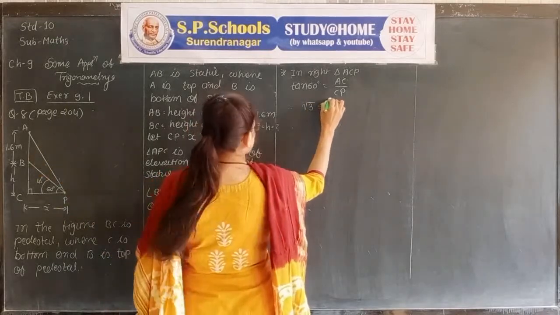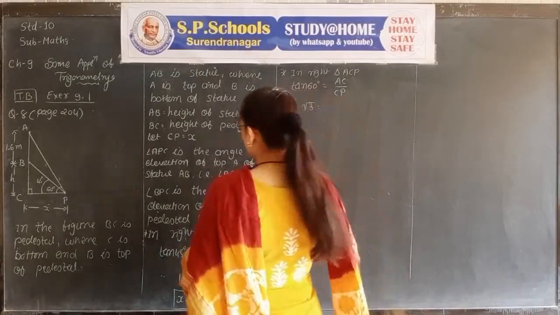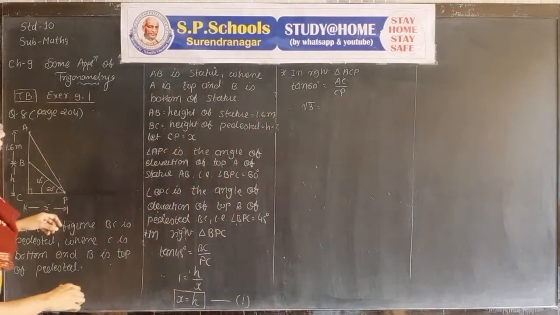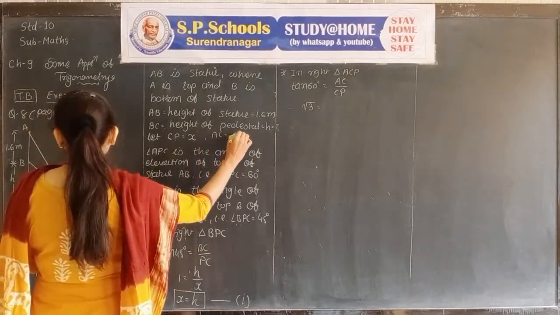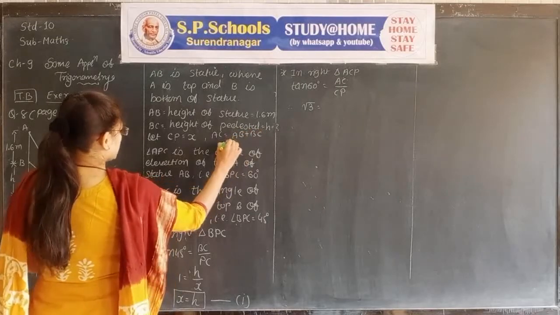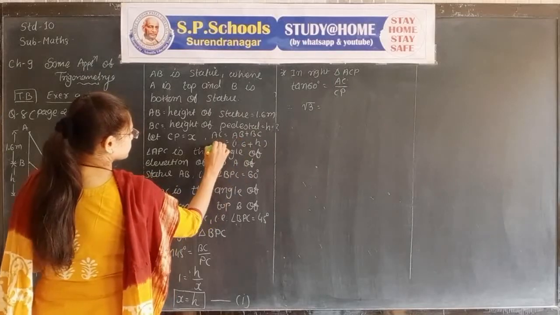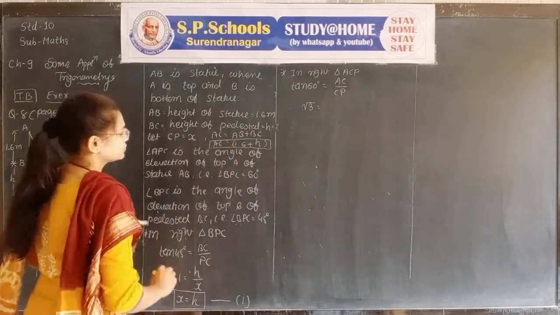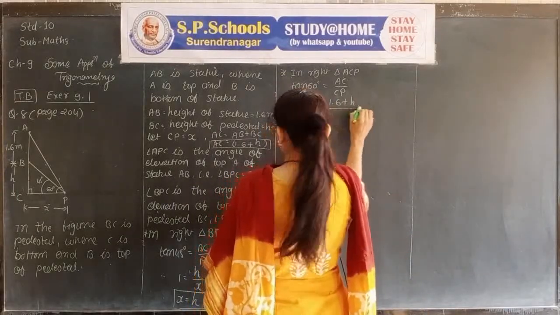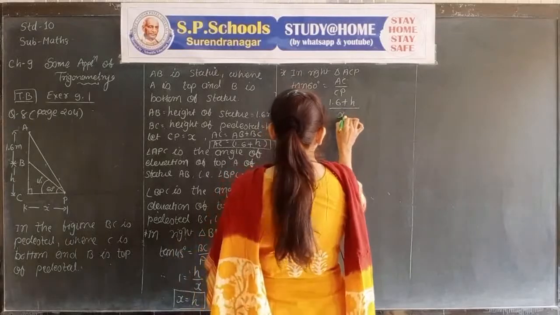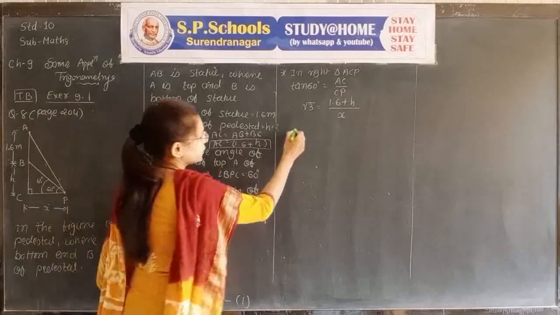AC is H plus 1.6 or 1.6 plus H. It is not mentioned here, so mention it: AC is equal to AB plus BC, where AB is equal to 1.6 and BC is H, which is 1.6 plus H, and CP or PC is equal to X. Now we need to find H only, so replace X with H.